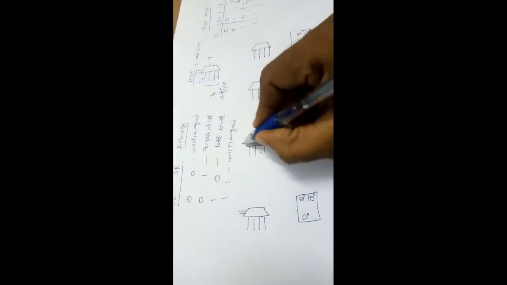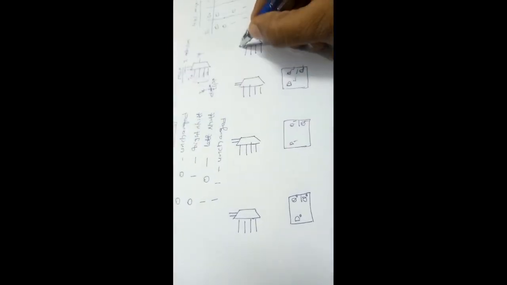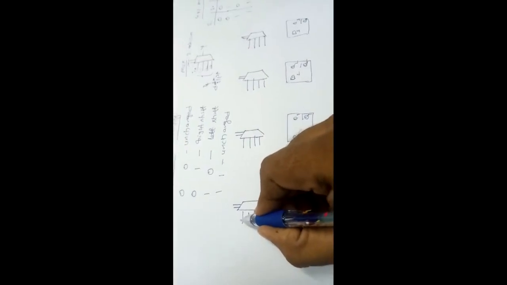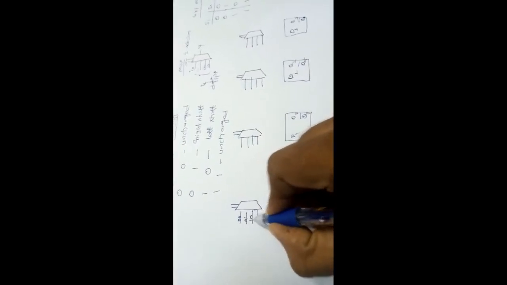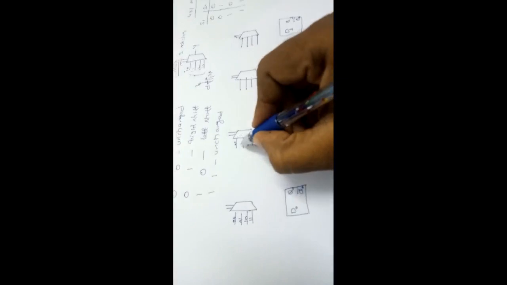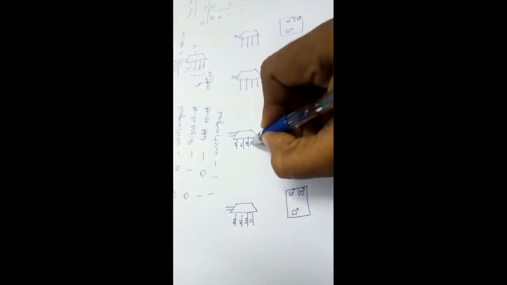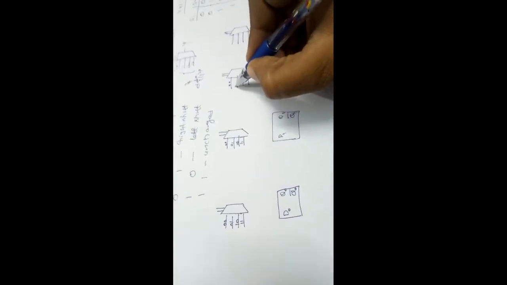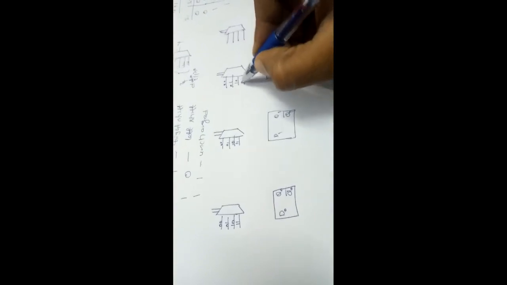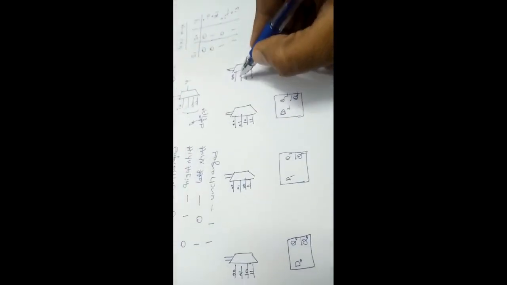Take 2 selection lines for each multiplexer. The inputs are 0 0, 0 1, 1 0, 1 1, for our basic understanding.